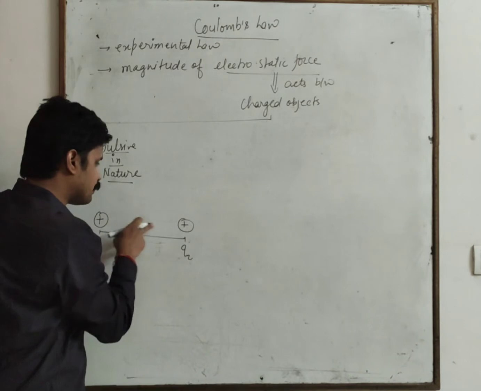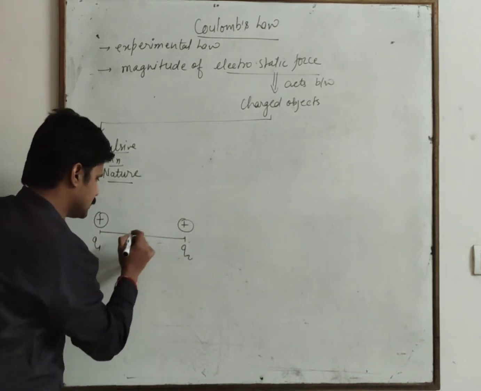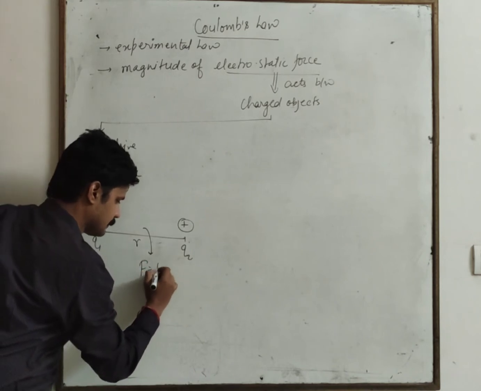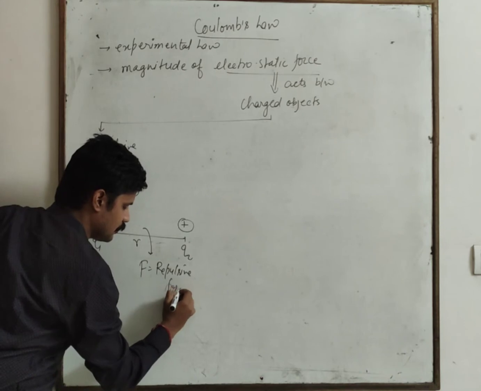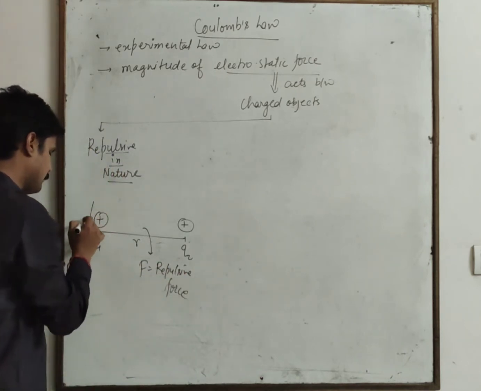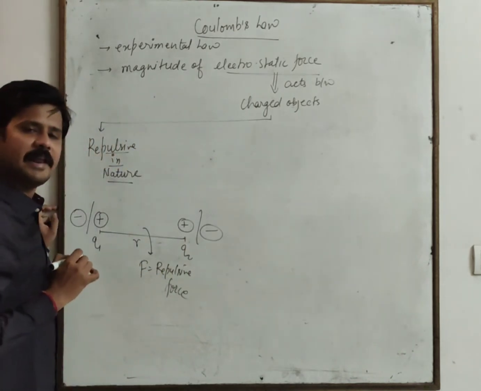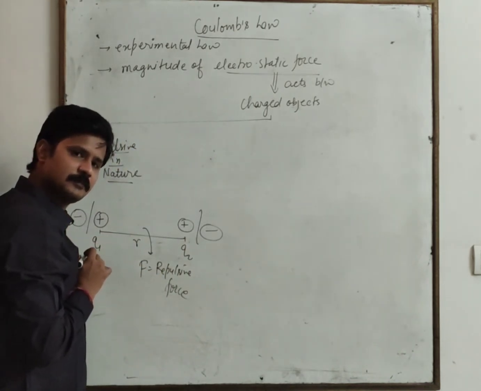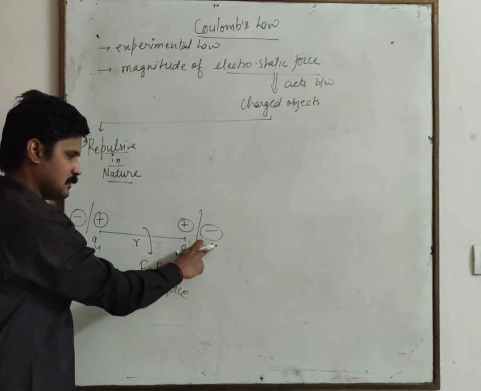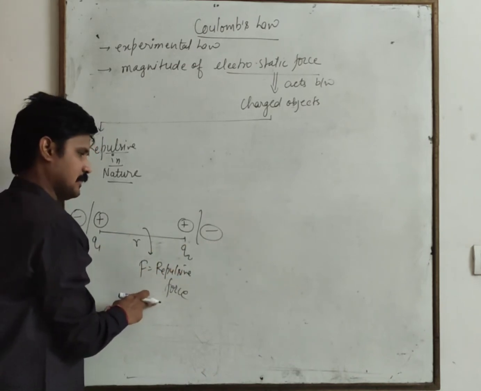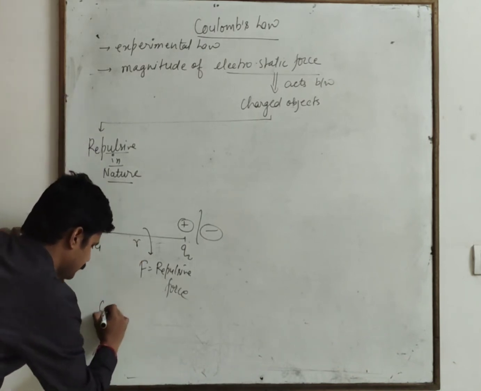Then the force between these two charged particles is a repulsive force. If Q1 and Q2 are both negative in nature, then the force between these two charged particles is also repulsive in nature.